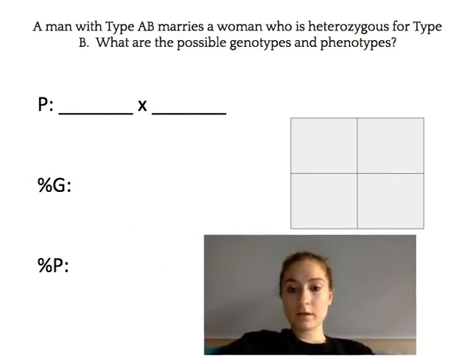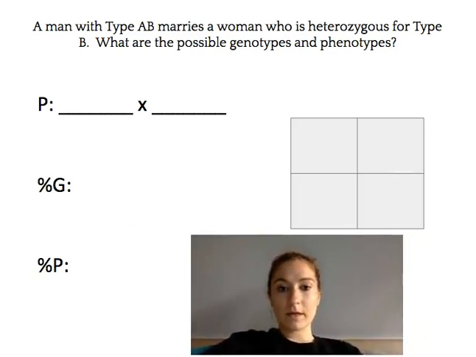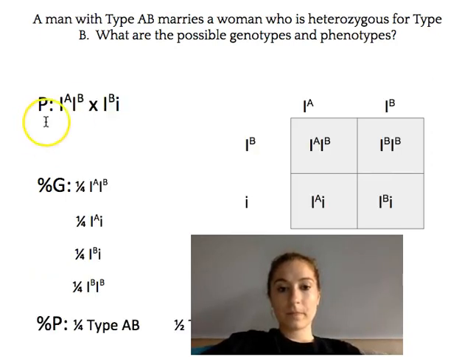So for an example of this, a man with type AB marries a woman who is heterozygous for type B. What are the possibilities for phenotypes and genotypes? So you're going to cross that. You automatically know that there's only one genotype for AB.